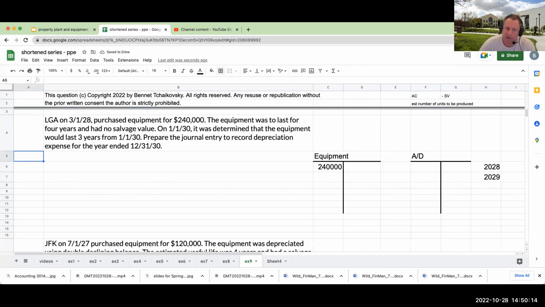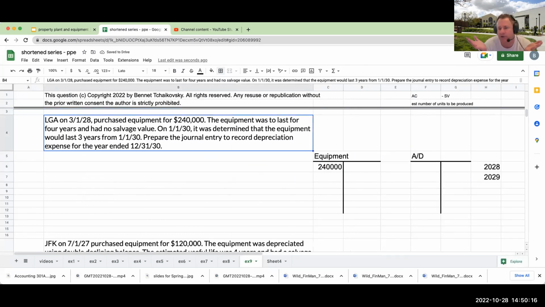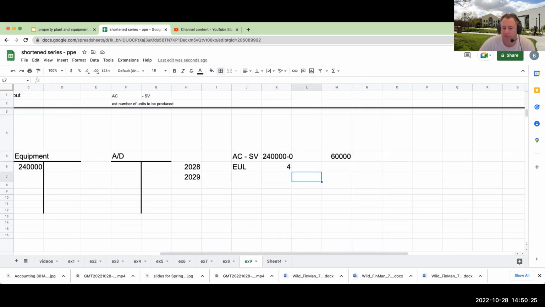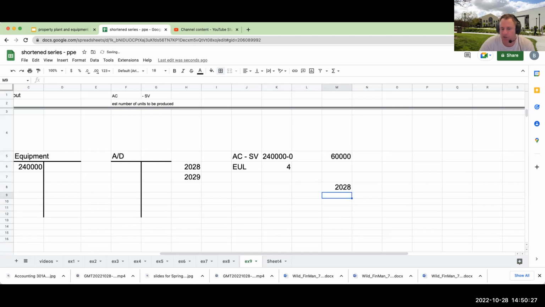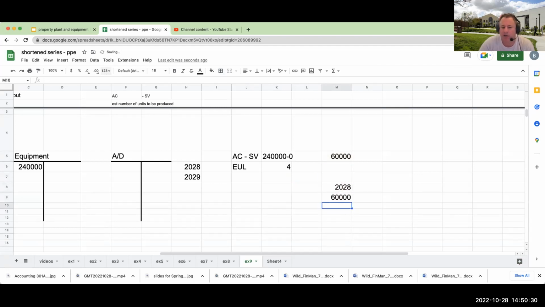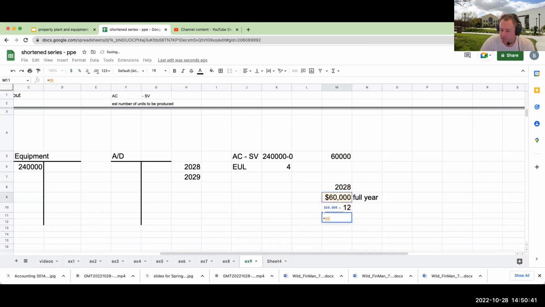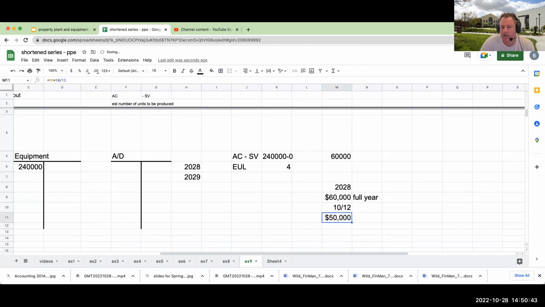For 2028, though, I only used the asset for 10 months: March, April, May, June, July, August, September, October, November, December, 10 months. So for 2028 depreciation expense, this is a full year of depreciation expense, and I'm going to multiply this by 10/12. And this is going to give me 50,000.